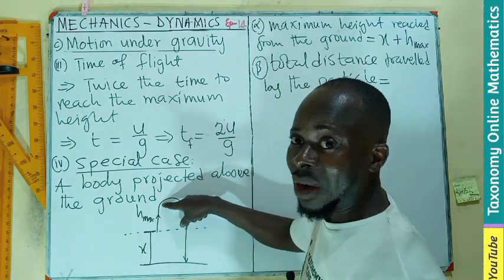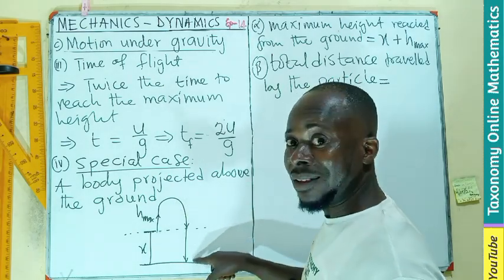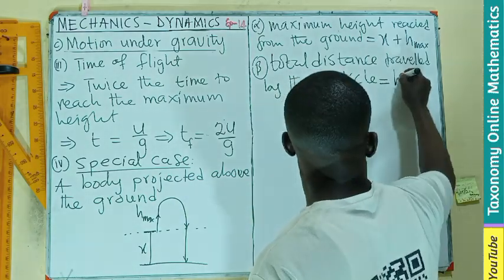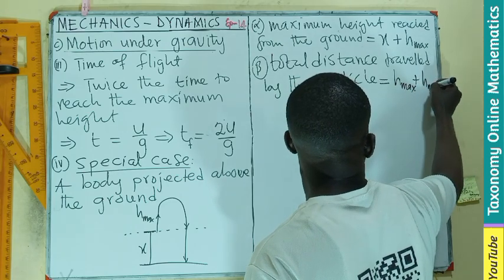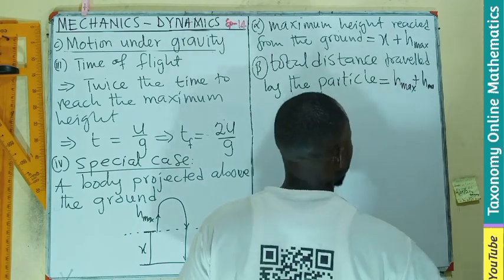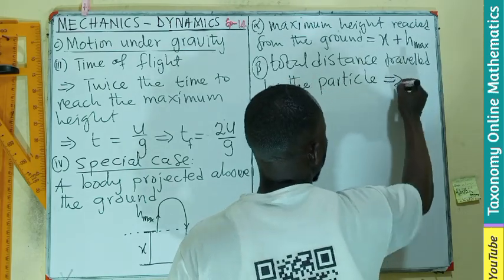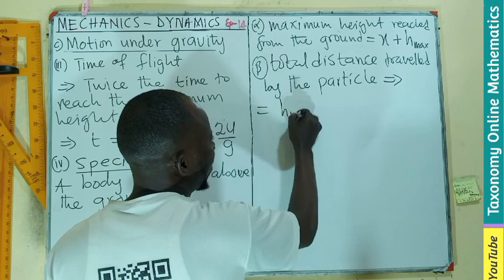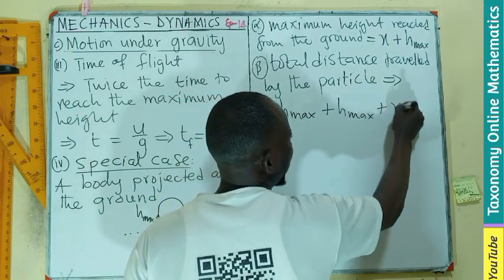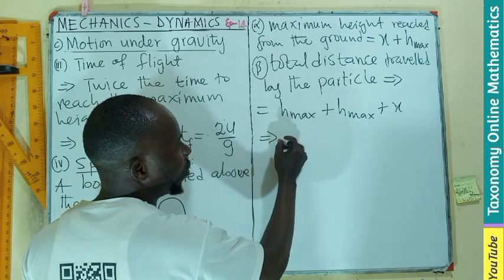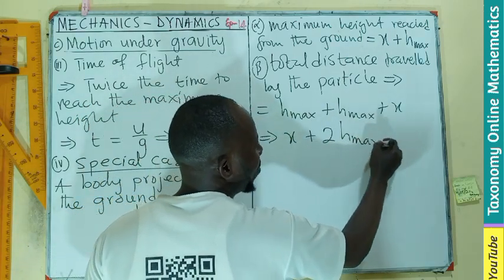So to travel the maximum height, then come back again and travel it before coming to travel the x. So I'll have h maximum plus h maximum plus x. So this will give you x distance plus 2 of the maximum height.